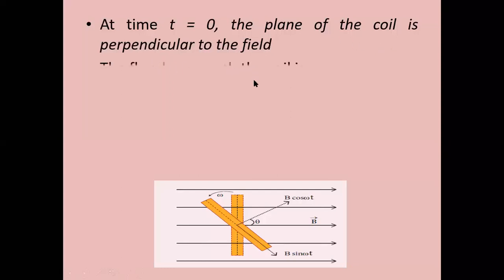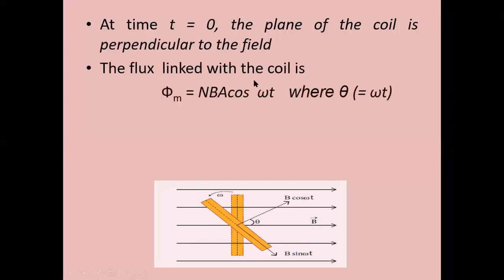Now, at this moment, what is the flux linked with the coil? The flux linked with the coil is given as phi m equal to NBA cos omega t. Here we are taking theta as omega t, since it is rotating. So we know NBA cos theta can be written as NBA cos omega t.